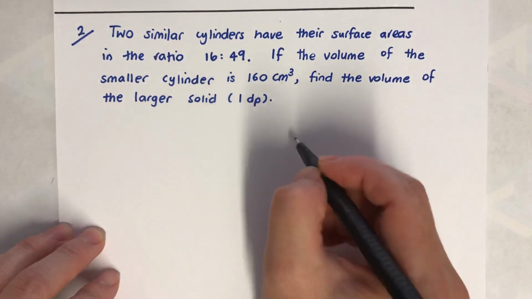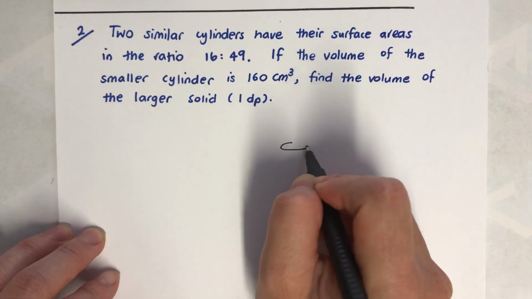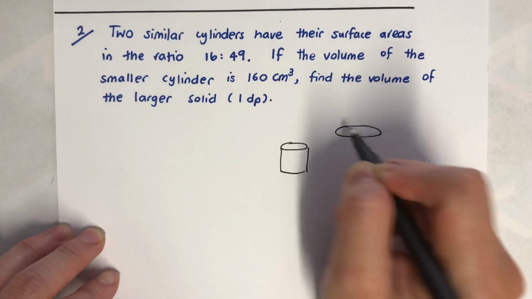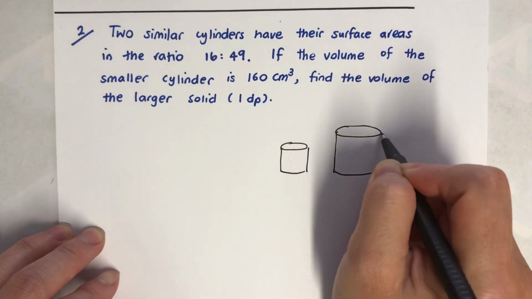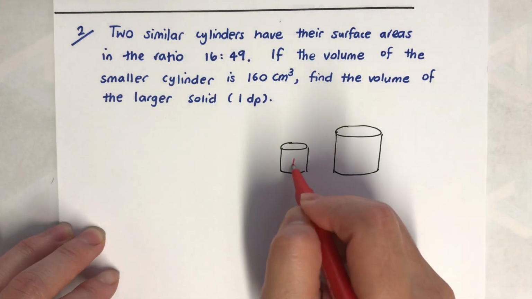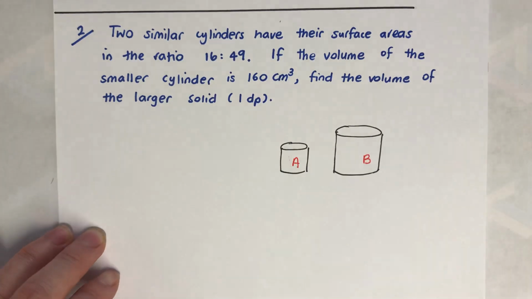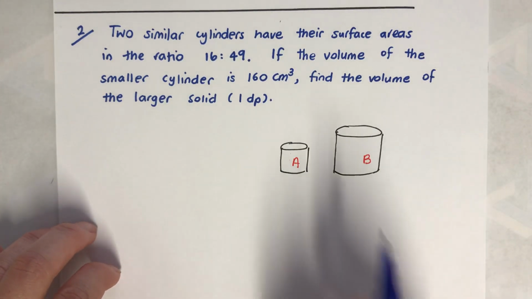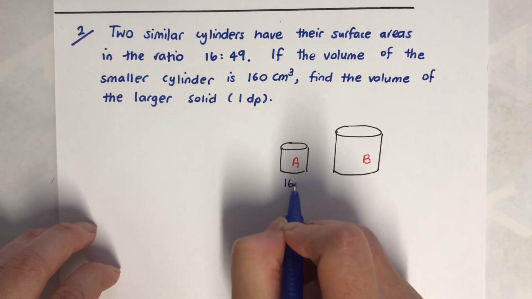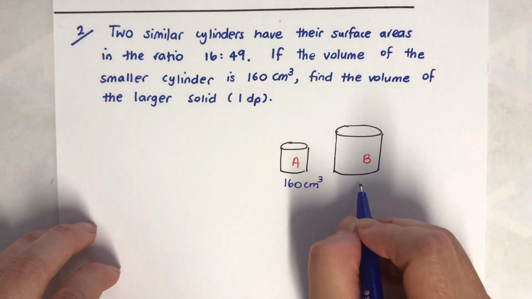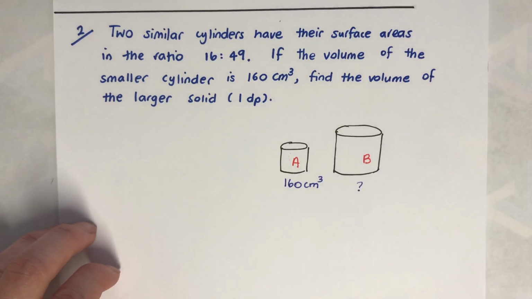A smaller one first, and then a larger one. I'm going to call the first one cylinder A, the second one cylinder B. The smaller one has a volume of 160 cubic centimeters, and B we don't know.